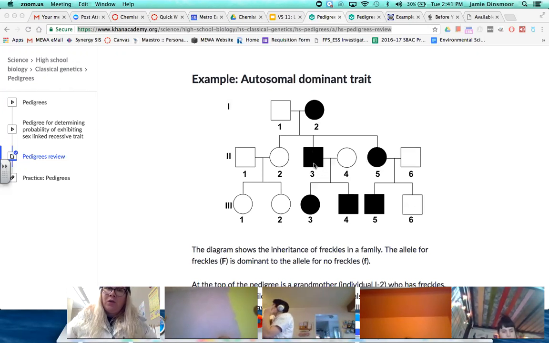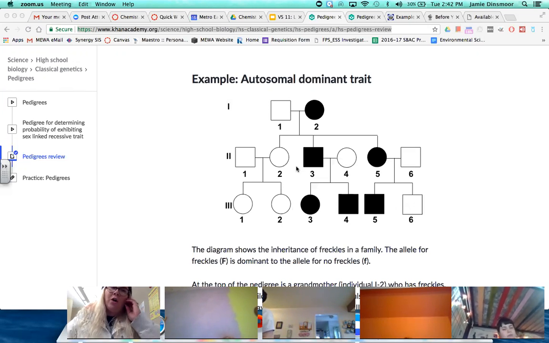We see this person got married to somebody without freckles, who's outside of the family, which is why they only have one marriage line here, and they produced 2 kids with freckles. This person who has a dominant freckle trait also produced at least 1 kid with freckles. So again, it doesn't have to be that every person is getting a dominant gene, but we see that it's happening through the generations here.